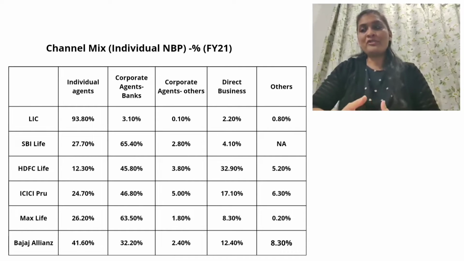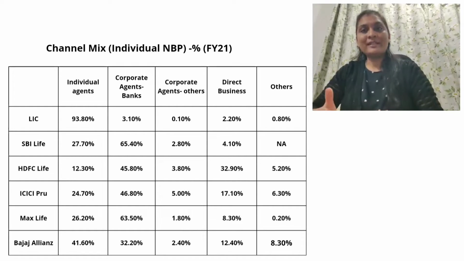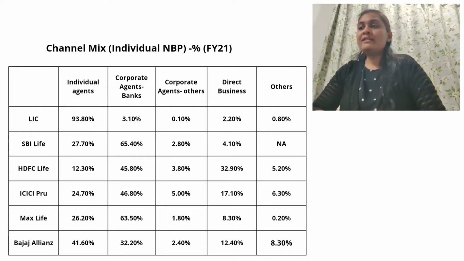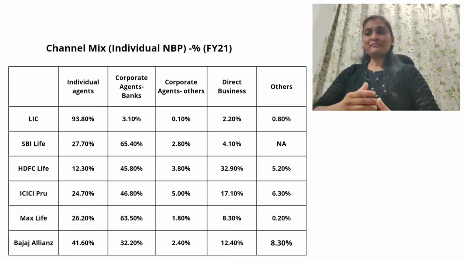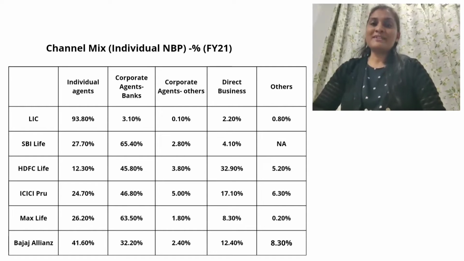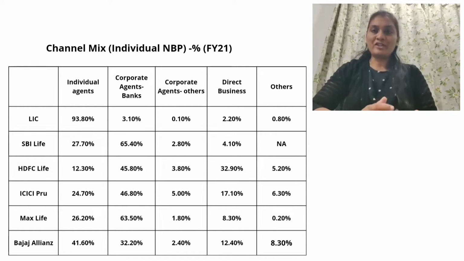And the contribution from banks and direct business is very less, as we can see in the table. It's just 3% and 2% of the new business premium. So we can say it has a strong agent network contributing to sales.